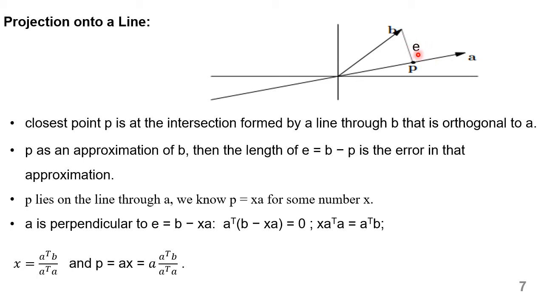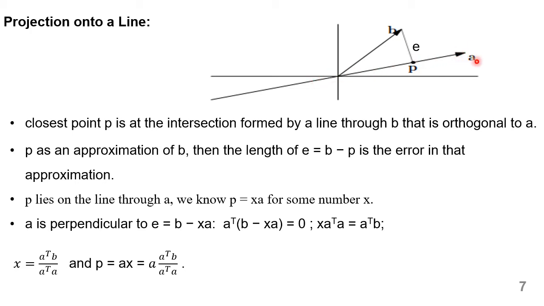The approximate value of E is equal to the length of the vector B minus the length of the vector C. So E can be written as B minus C. We know that this point C lies on this line A.